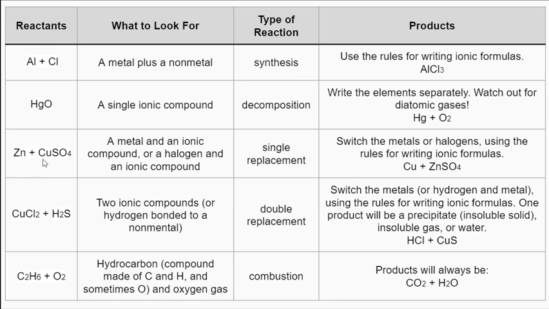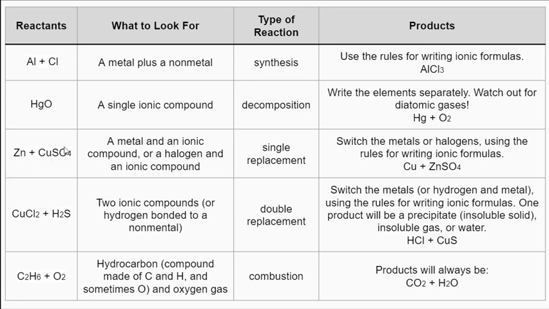Next, if you have a metal and an ionic compound, or a halogen and an ionic compound, then you're going to do a single replacement reaction, and you're either going to replace the metal, as in this case. So in this case, you would have the metal zinc replace the metal copper in this ionic compound. Or if we had an example of a halogen, you would replace the anion, I should say.